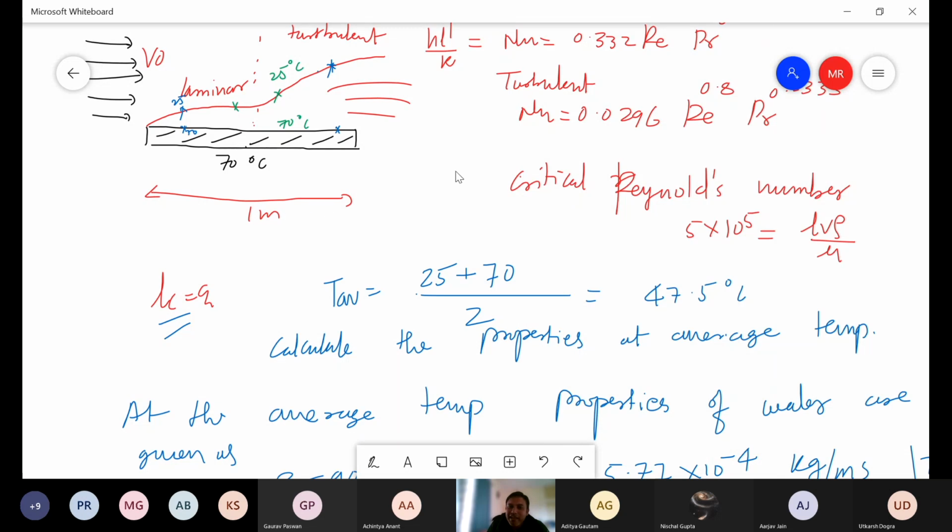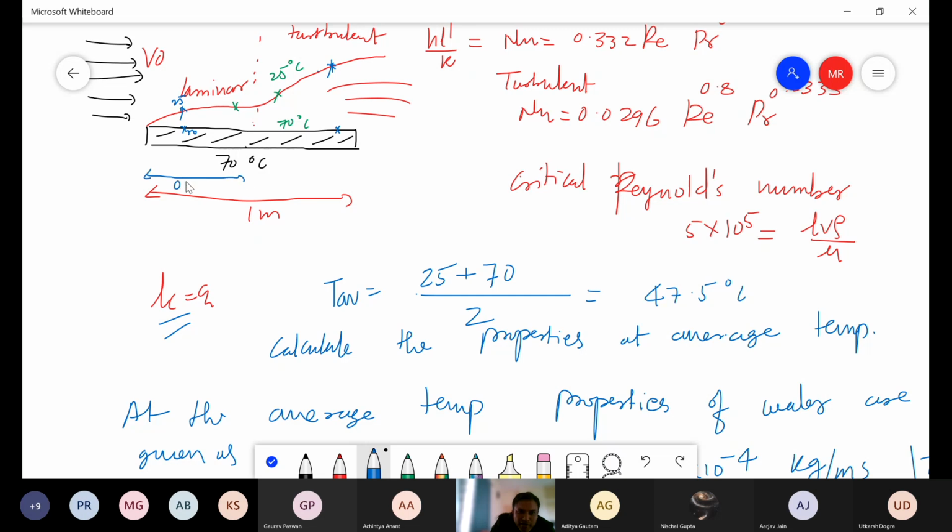Now I am saying that my laminar region is going to be 0 to 0.1945 meter, so in between somewhere here. Do you all agree? Yes, sir. So up to this will be 0.1945 meter, and beyond this will be the turbulent region.